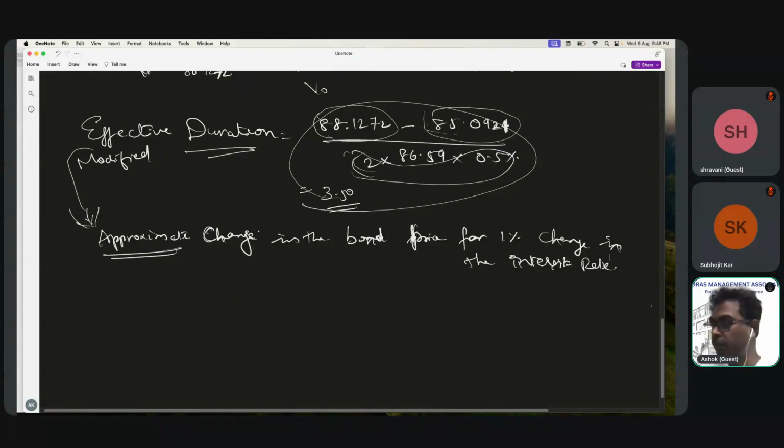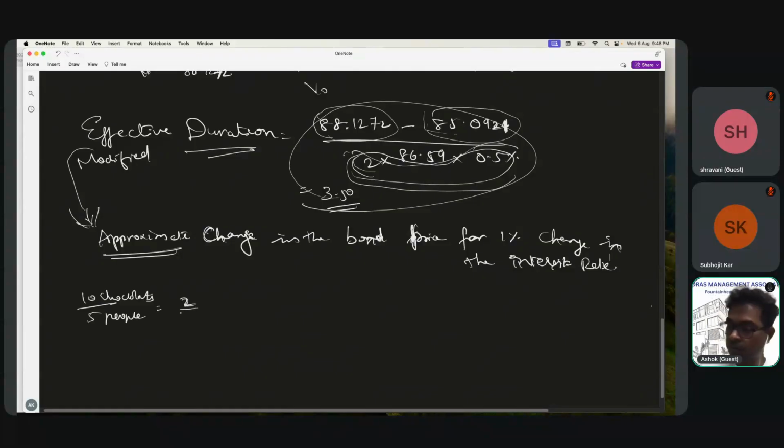Approximate change in the bond price for a 1% change in the interest rates. Why 1% change? Because when you divide, if I say 10 chocolates are distributed to 5 people, what do I get as the answer? 2.